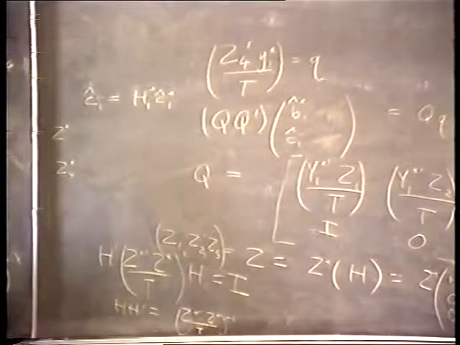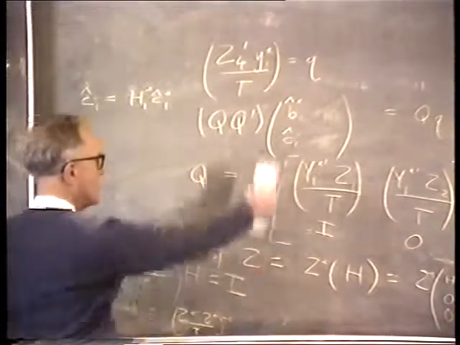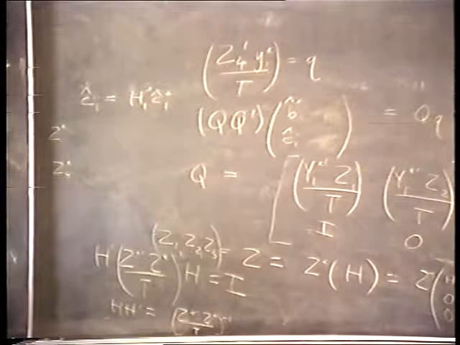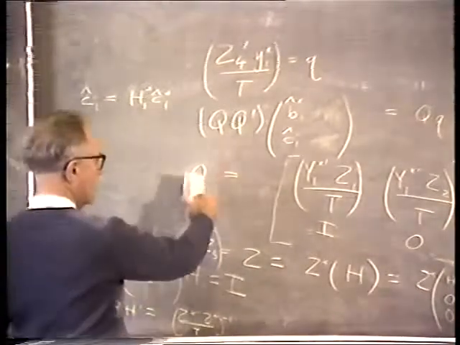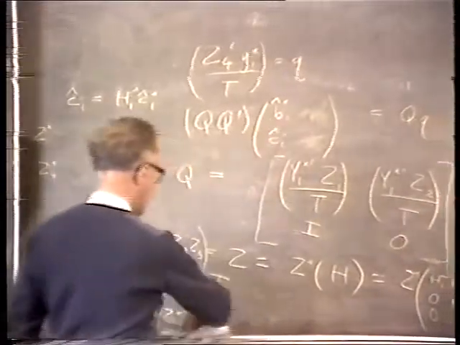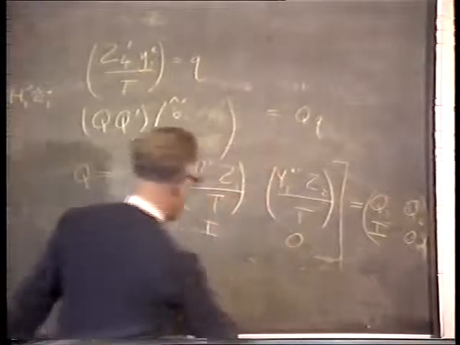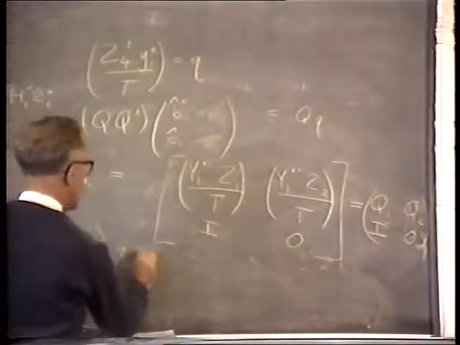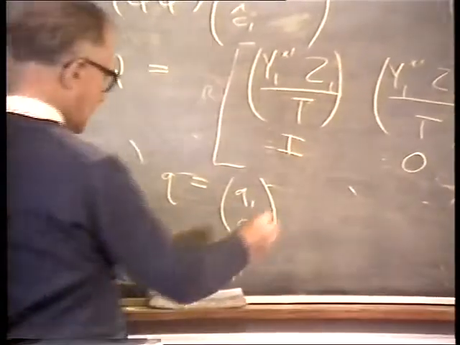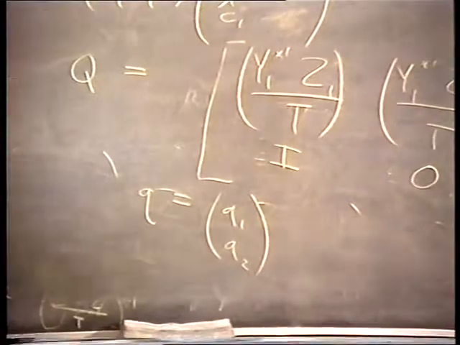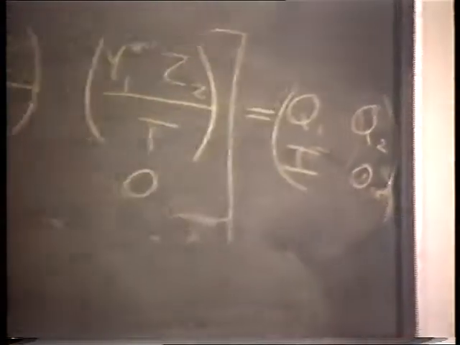Now, what we're going to do is to write down the set of equations explicitly in terms of the partition of the Q matrix into this form here, and correspondingly we are going to define little q to be Q1, Q2, where this Q1 is a vector with the same number of elements as Q1 has rows.